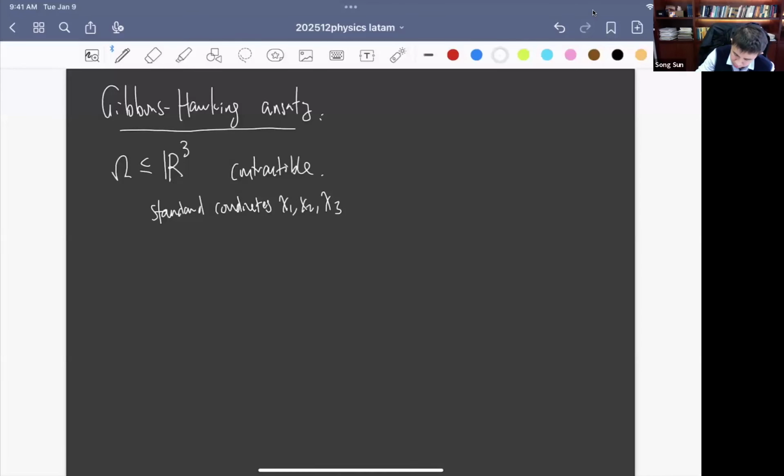Then you can take a positive function V on omega, which is harmonic, Laplace V equals 0.